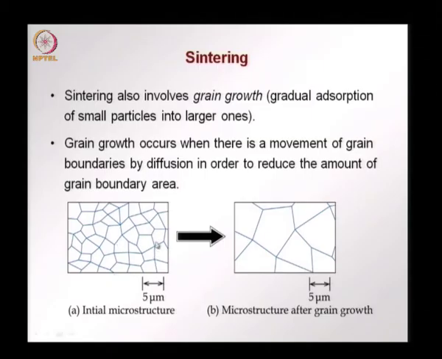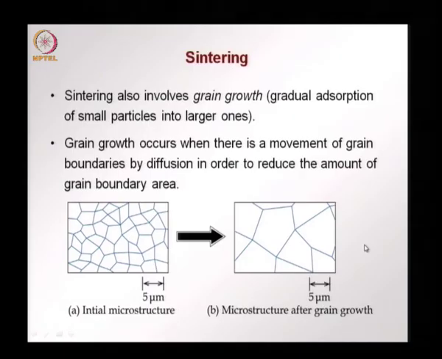So, if you have an initial microstructure with small grains of less than 5 microns, say 2-3 microns, with some temperature and pressure, there is diffusion across these grain boundaries and the grain boundaries fill up to finally give a structure with larger grains, say in the order of 10 microns.